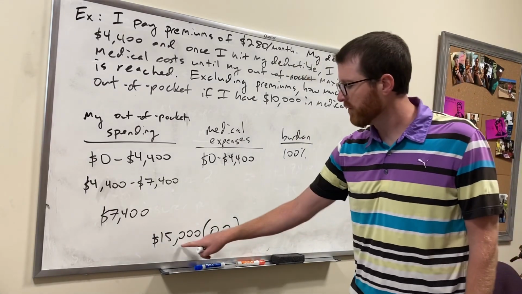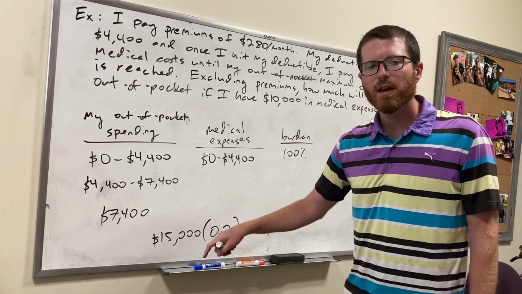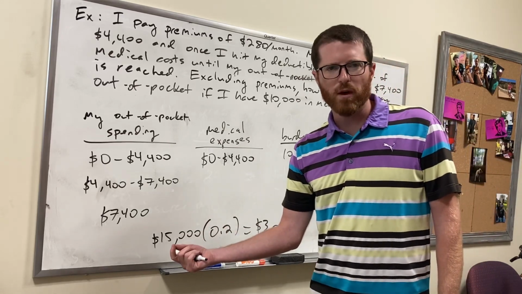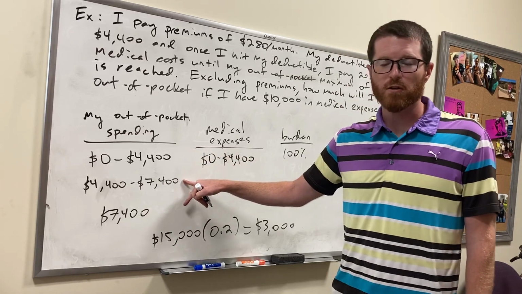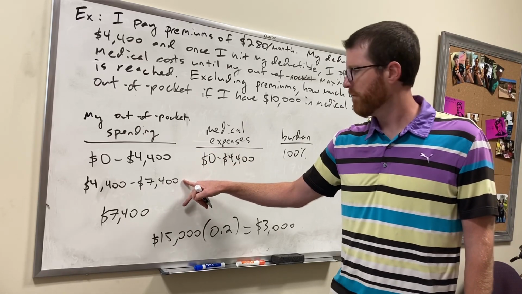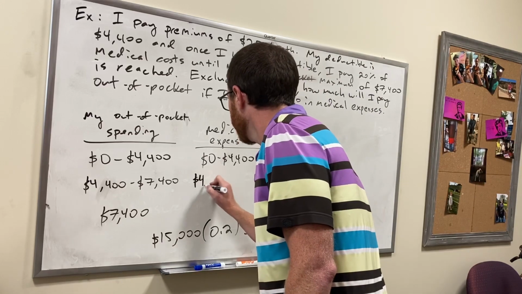If you had $15,000 in medical expenses, the insurer would pay $12,000 and you would pay $3,000, and at that point you would have reached your maximum here.